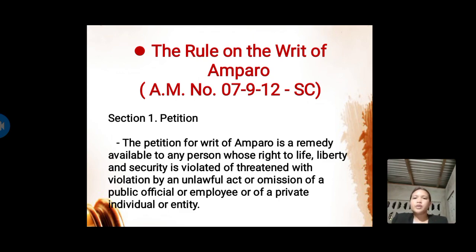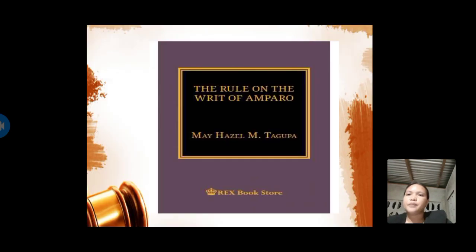The petition for writ of amparo is a remedy available to any person whose right to life, liberty, and security is violated or threatened with violation by an unlawful act or omission of a public official or employee or a private individual or entity. I got only a front view of the book of the rule on the writ of amparo.